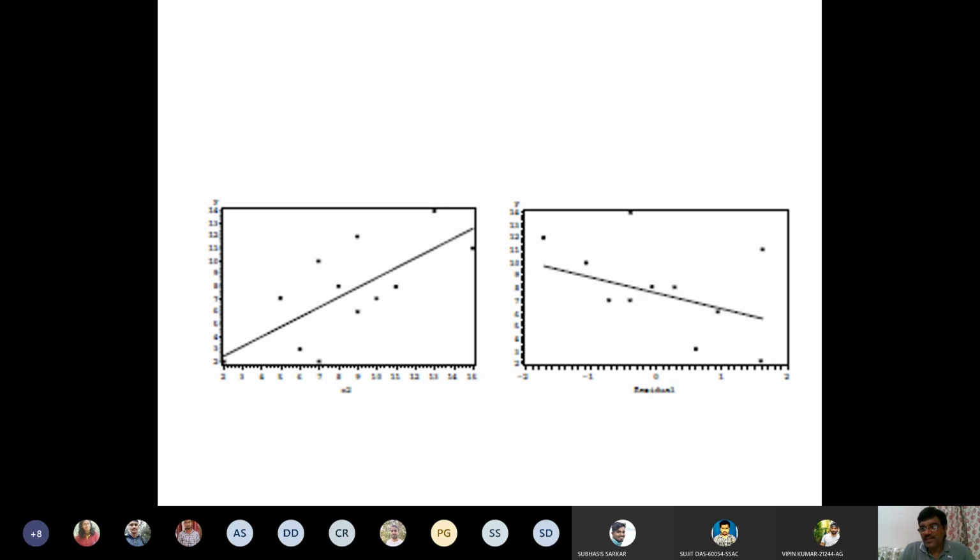In the second picture on the right side, you can see one is increasing, the other is decreasing. If x is increasing, y is decreasing. So this kind of relationship is negative correlation, and you can often see it under field conditions. For example, today we have some soil science students. We can say Olsen P, the available phosphorus in soil, generally increases with decrease in pH.